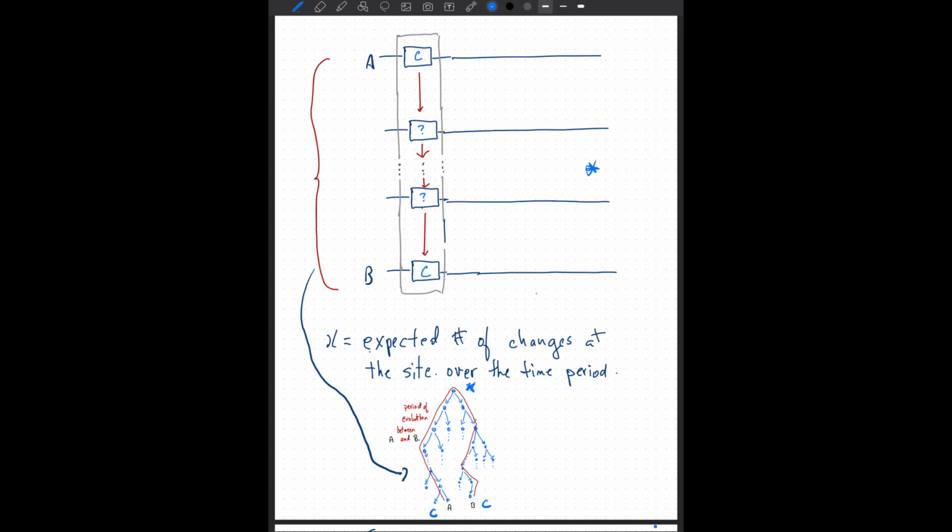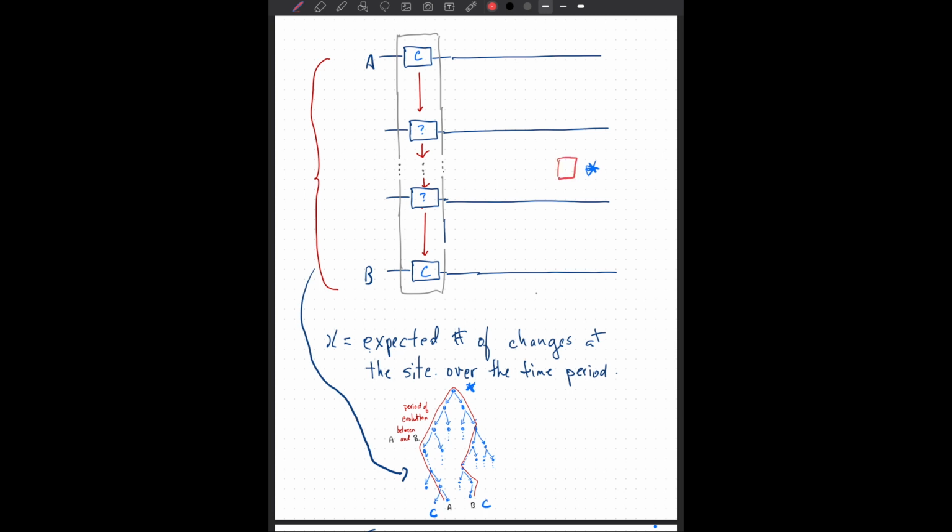The reality is that time is something like this, where the progenitor was in some state.